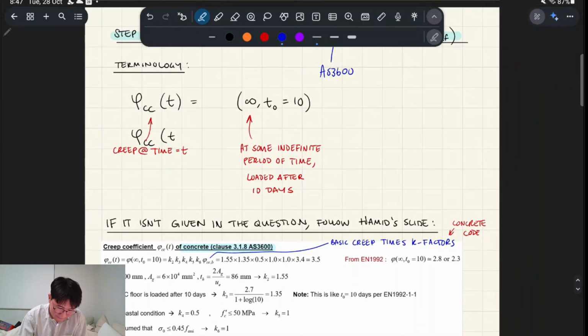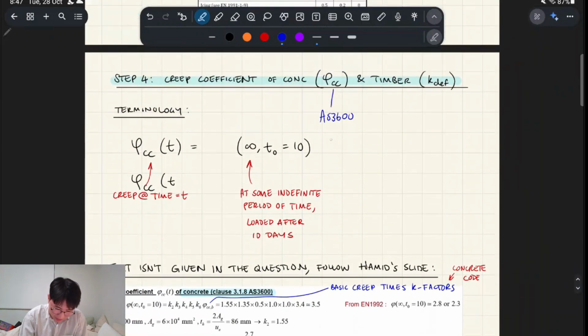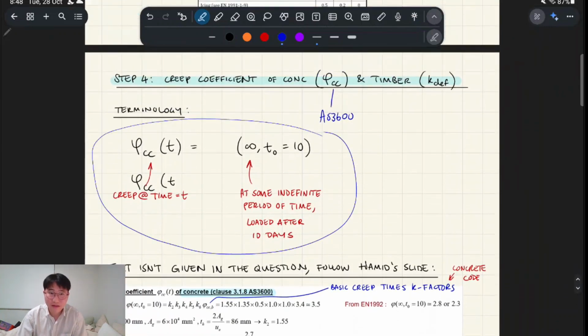Okay, terminology. This is all part of the Australian standards, but you don't really talk about this in regular concrete, you talk about it in advanced concrete. Basically, there's a creep coefficient. What's that?